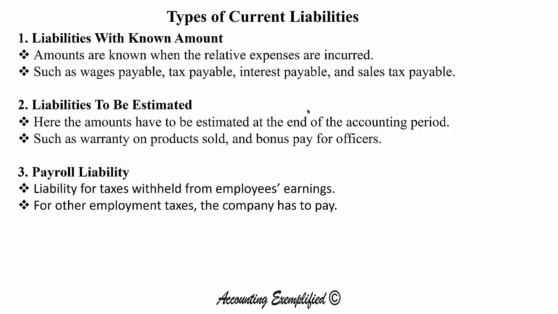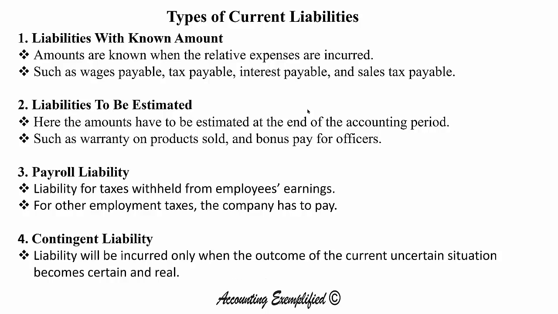The law requires that the employers should withhold employees' federal and local income taxes and other taxes from the employee's earnings. And then the company is also liable for the employment taxes the company has to pay out of its pocket.